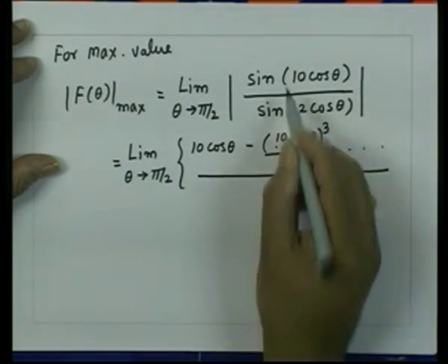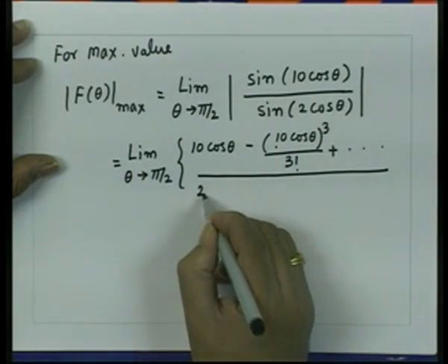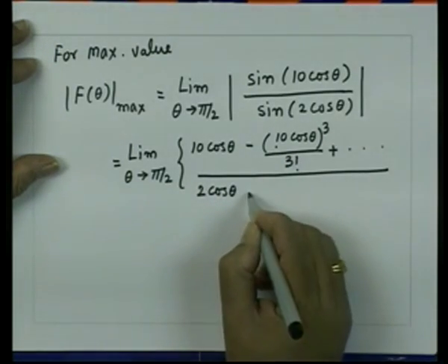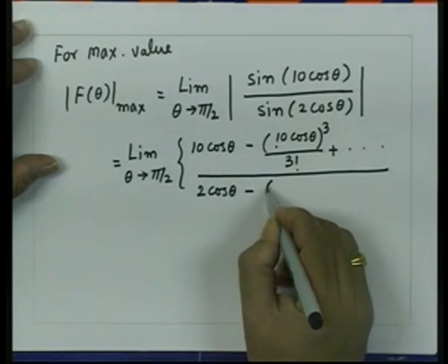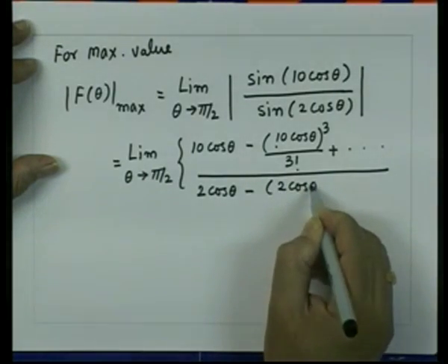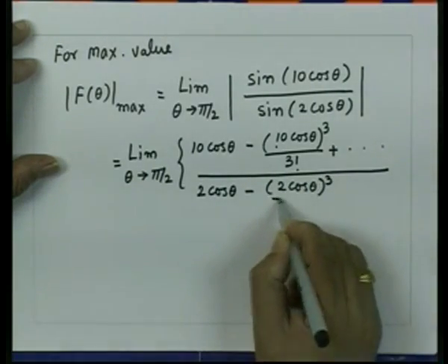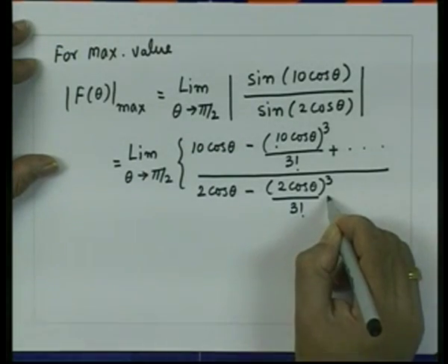This is the expansion of the sine function. So, here you get 2 cos theta minus 2 cos theta whole cube upon factorial 3 plus and so on.